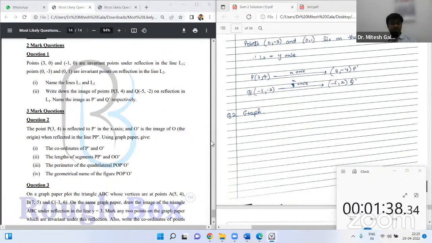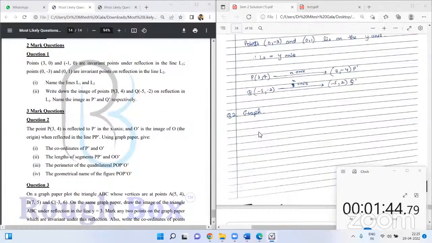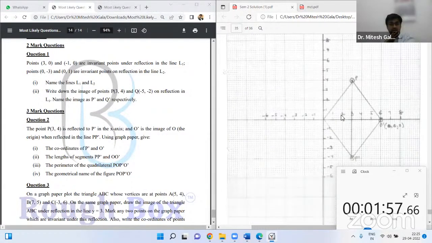Shall I show you the graph? Do you want time? Okay, let's look at the graph.